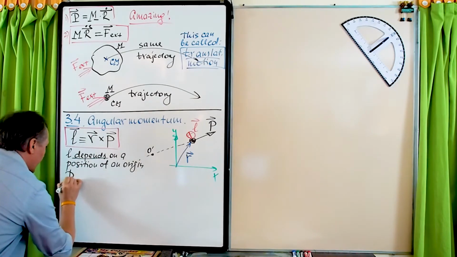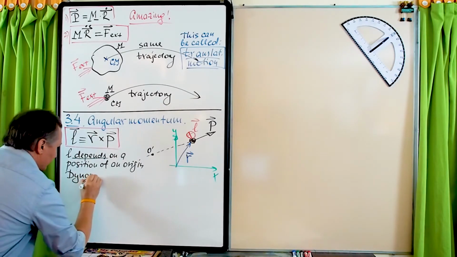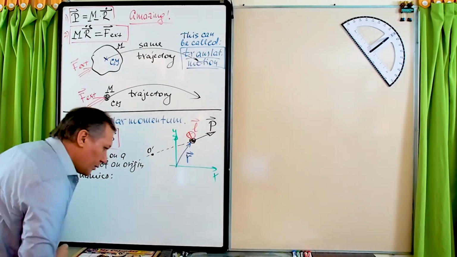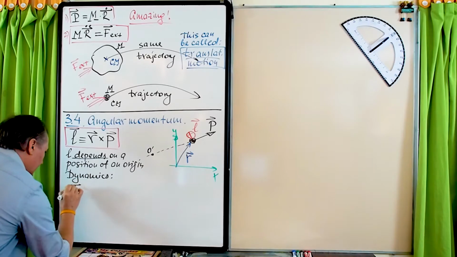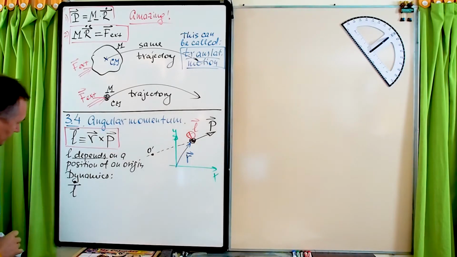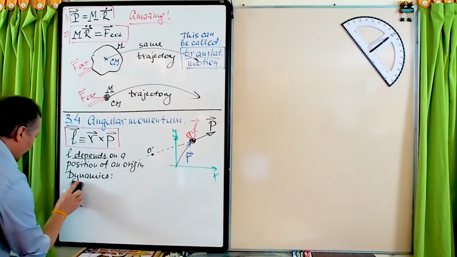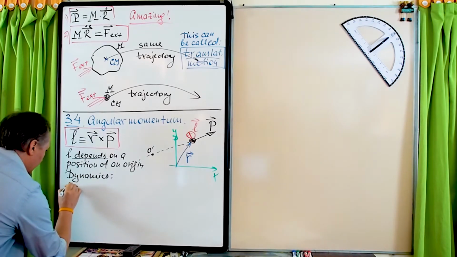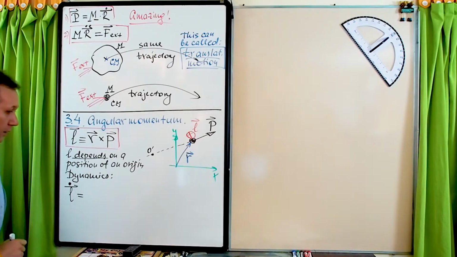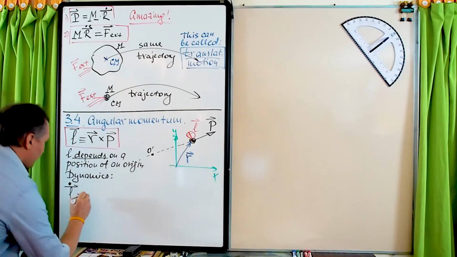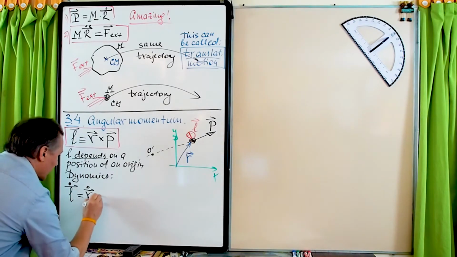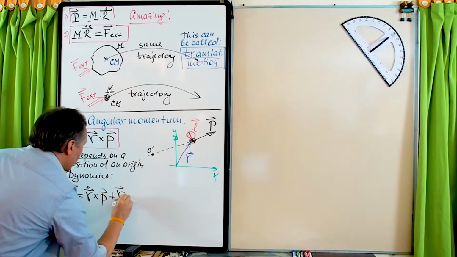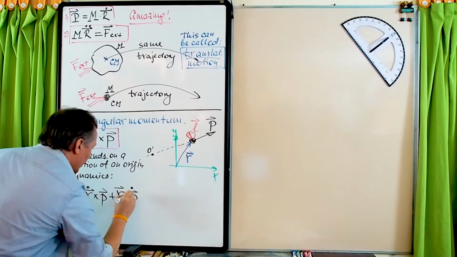So now let's look at dynamics. What happens in time? Let me just write L dot. You know what I don't like, it's overlapping with the letter above. So L dot equals r dot cross p plus r cross p dot.